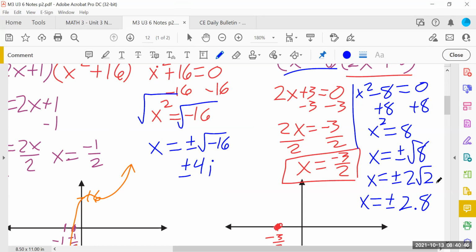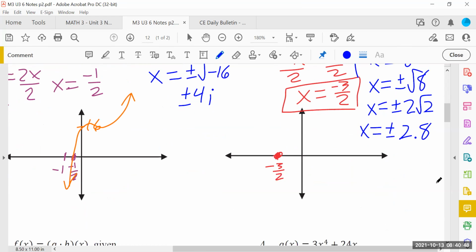Okay. So I'm going to come down here. Is negative 2.8 to the left or to the right of -3 over 2? To the left, right? This is negative 1.5 essentially. So I'm going to come over here, put another dot, and say this is negative 2.8, and another dot over here at positive 2.8.